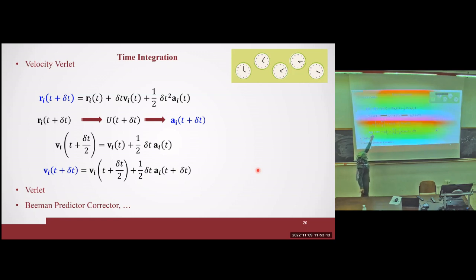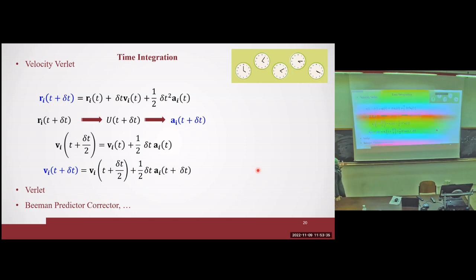Then we find the velocity at the middle of the time step. And then we find the new velocity with the velocity at the middle of the time step and the new acceleration. So it is a little combination between these.